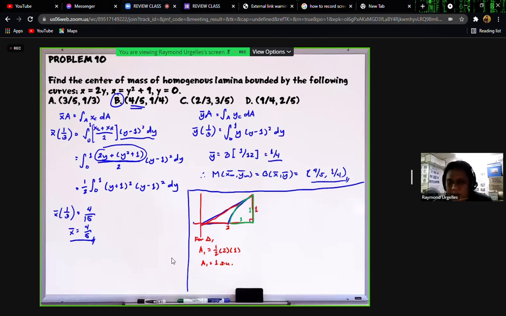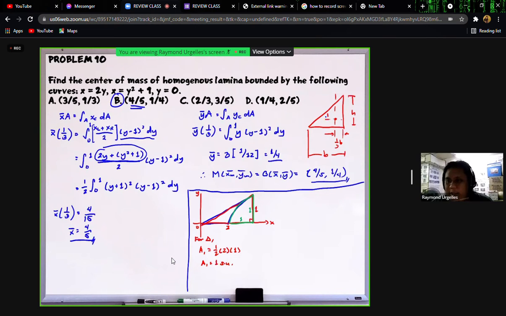And for its centroid, remember, we have the x and y axes. In the figure from earlier, this is the x-axis, the y-axis, and this is the origin. Okay? What we need to remember is that for a right triangle, the centroid is somewhere here, such that its distance from the base is 1/3 of the height.